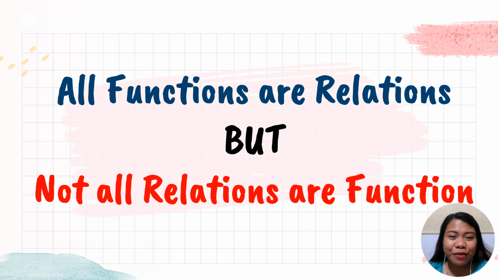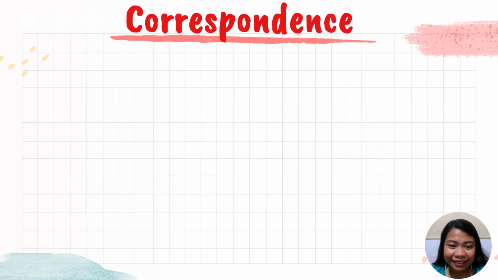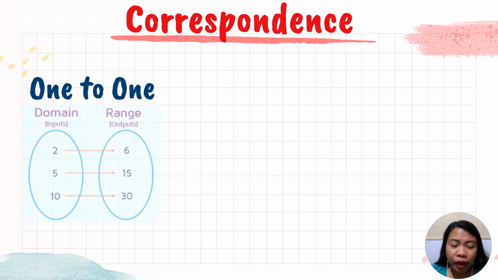Okay, always remember, class, all functions are relations, but not all relations are functions. Look at the x. So we have here additional information, which is correspondence. We have one-to-one, which is no repeated value of x and y.